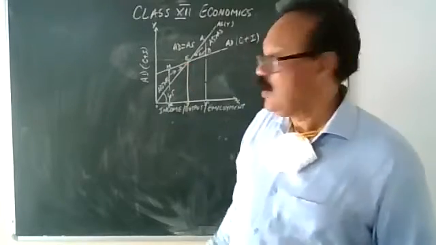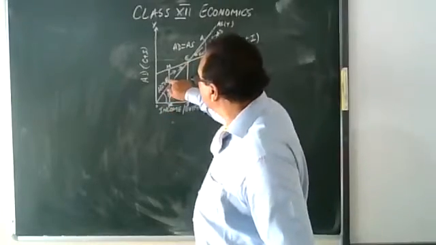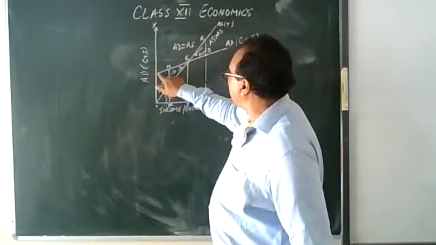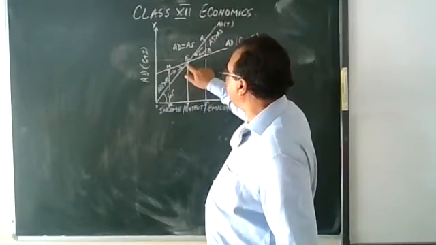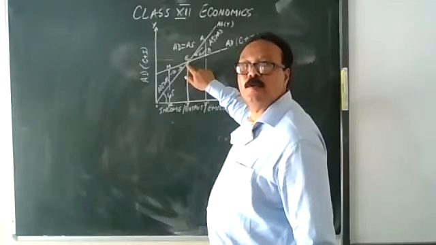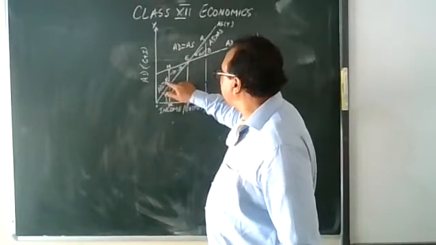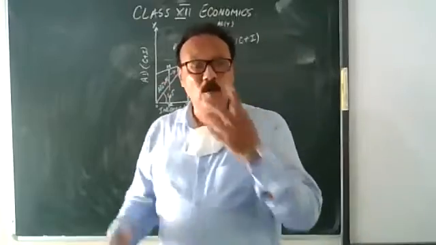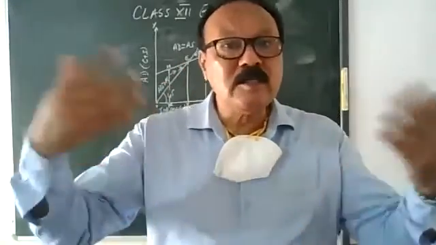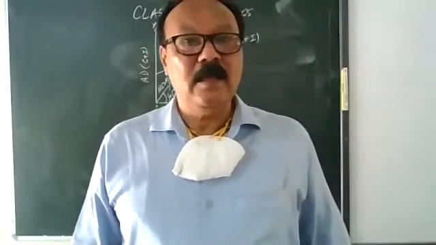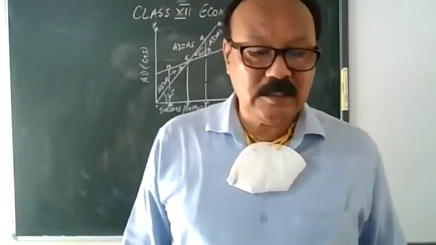Second case, if AD is greater than AS. Now look at the picture over here. Your AD line is above the AS line. Yes or no? It is above the AS line. So AD is greater than supply. What does this mean? Demand is more, but the supply in the market is less.